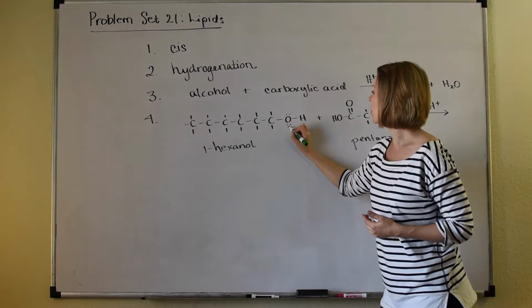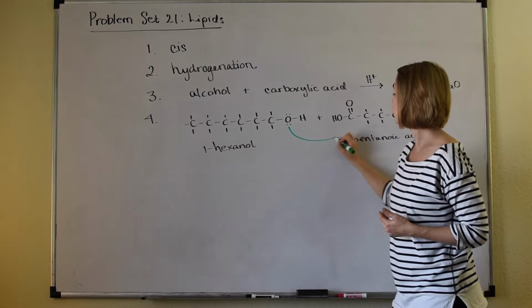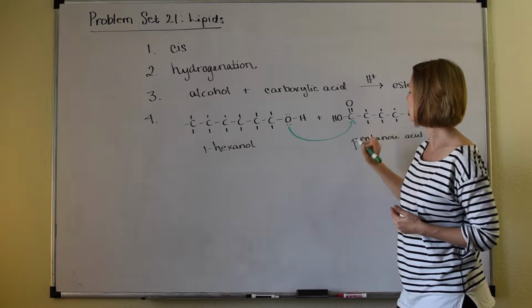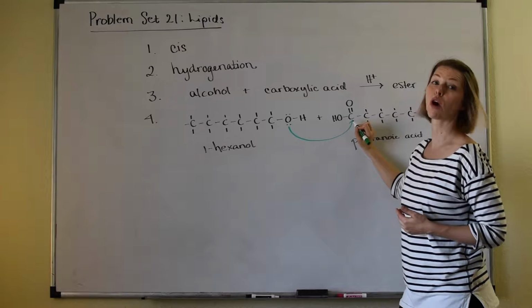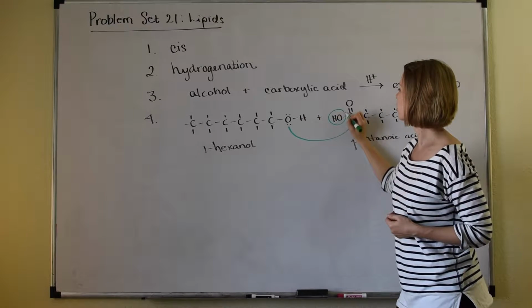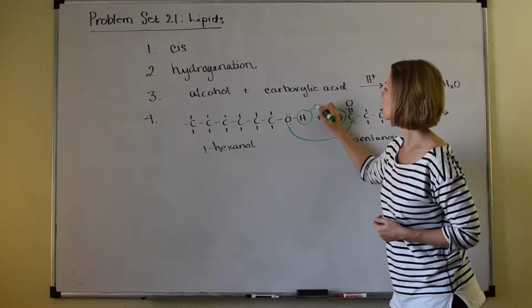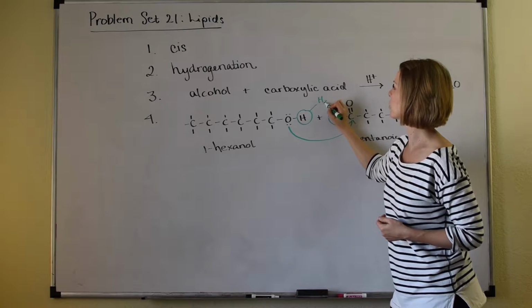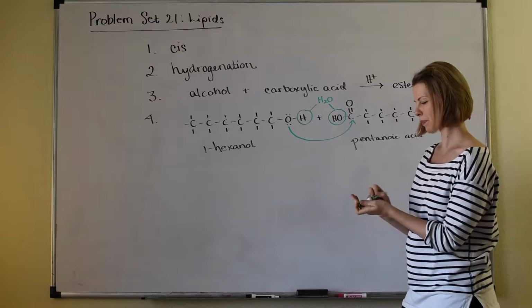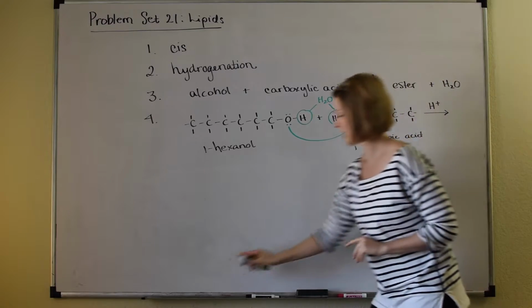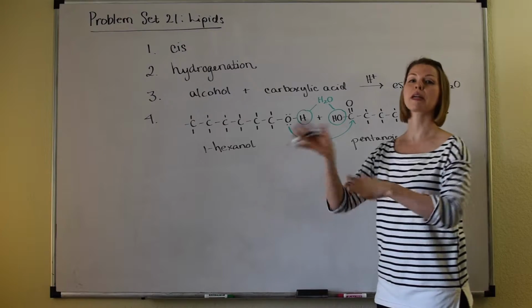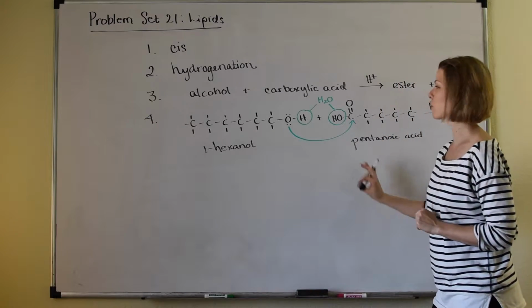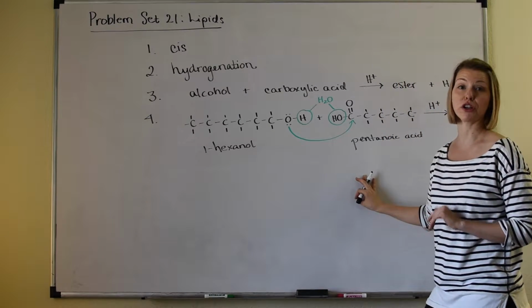Okay, so the oxygen of the alcohol to the carbon of the carbonyl of the carboxylic acid here, that bond is going to form. You're going to lose your OH and your H. There's your H2O. Okay, not a mechanism. Just something to help you remember where the bonds are forming, what bonds are breaking apart, so that you can get the right answer here for your ester.